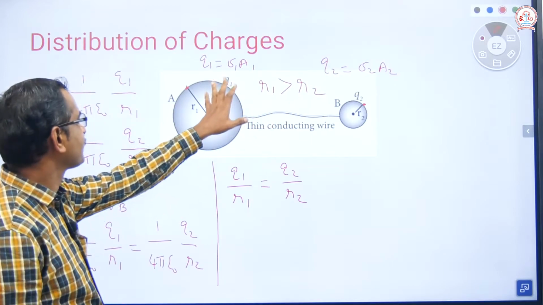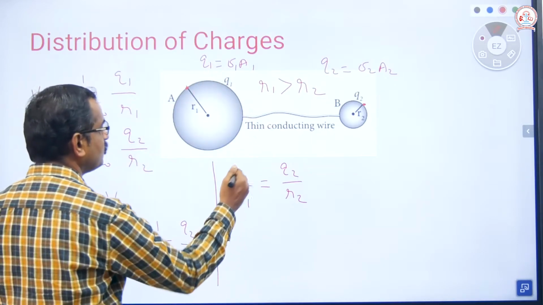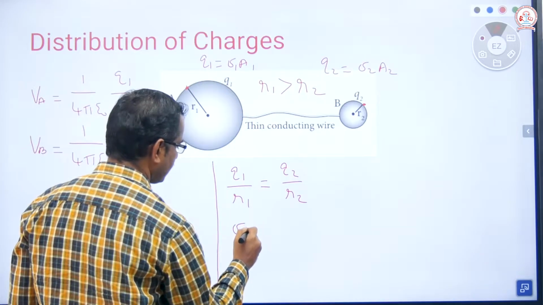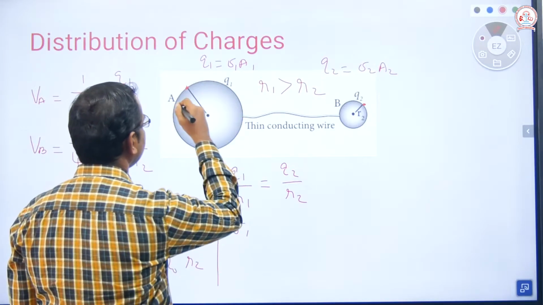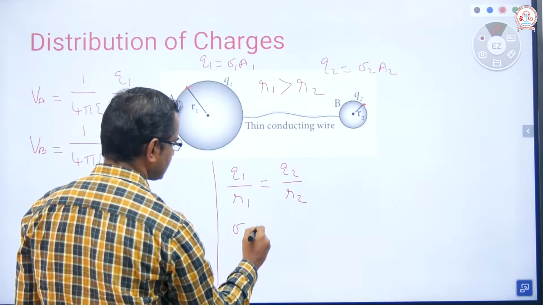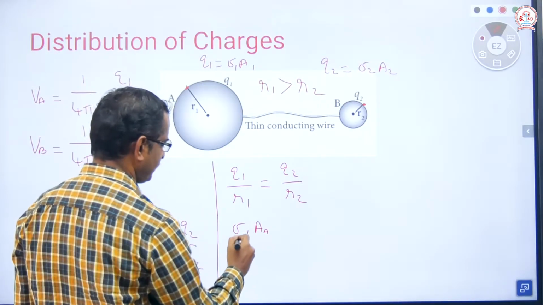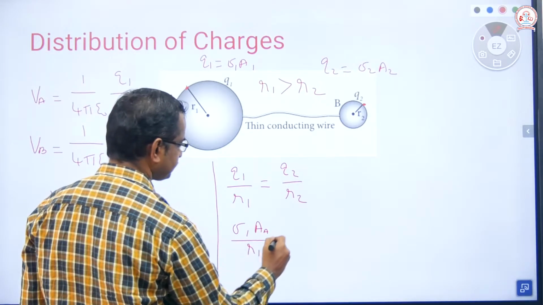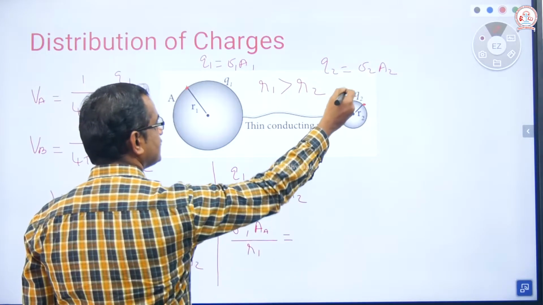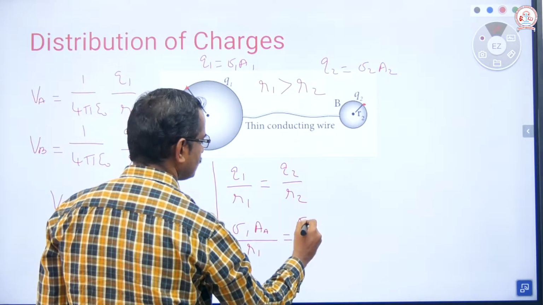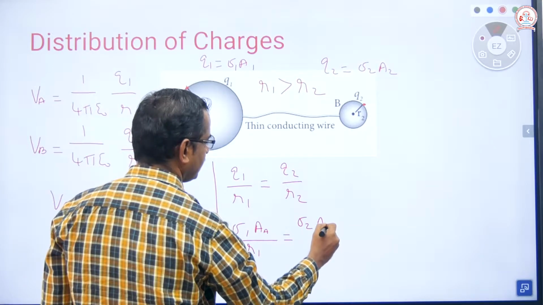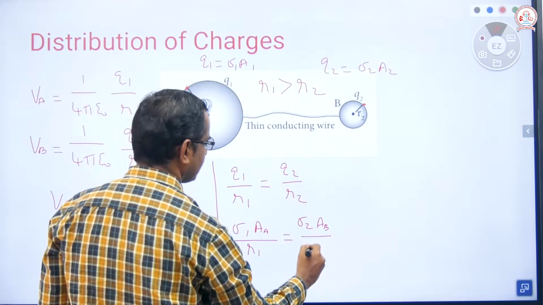So instead of Q1, we can write sigma 1 times the area of sphere A divided by R1, which is equal to Q2, that is sigma 2 times the area of sphere B divided by R2.